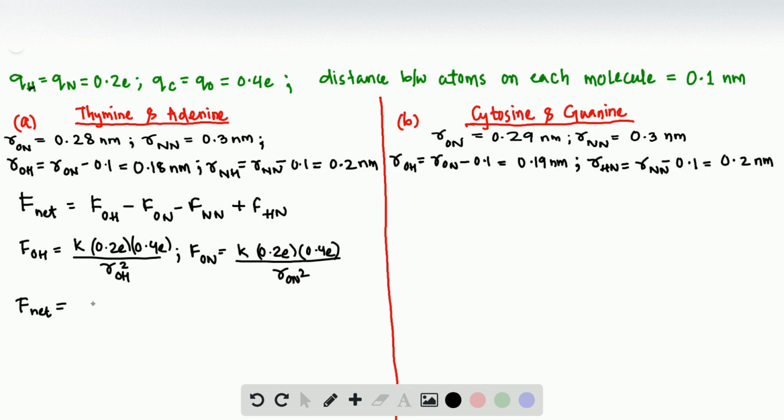So F net will be then, let's factor this out because this is a common value. So K times 0.2 e, 0.4 e over. Now all these distances are in nanometers, which we need to convert into meters. So there will be a 1 times 10 to the power minus 9 square common in all of these distances.